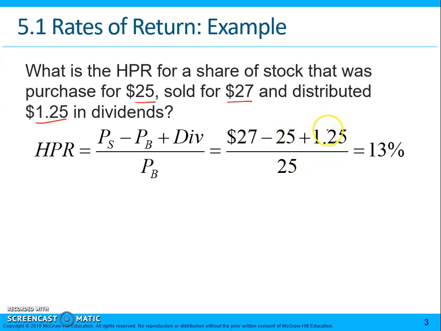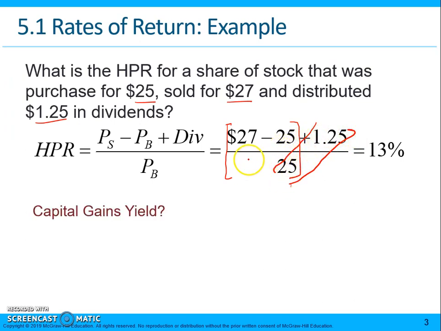We can break this down into its two components. The first component is the capital gains. That's what we made through appreciation. The second component is the dividend yield. I'll draw this like this. We break it into two different fractions and we can calculate the capital gains yield.